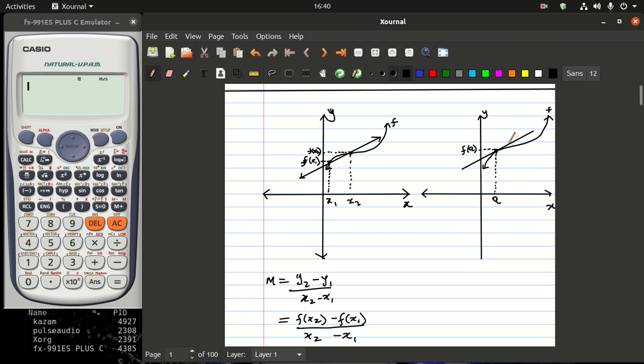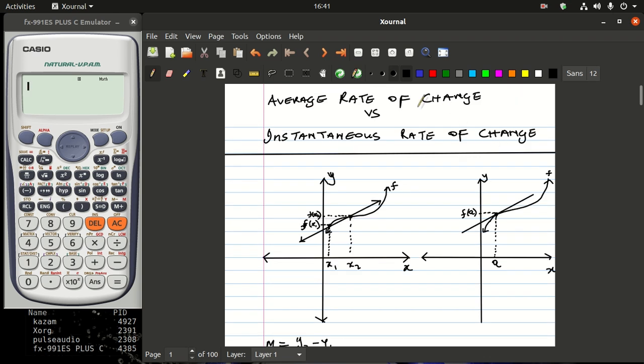The slope of the line touching the curve at that one point is the rate of change of this function at that point, or we usually say it is the instantaneous rate of change of this function at this particular point. I hope you can see the difference. Average means you need 2 points on the function.